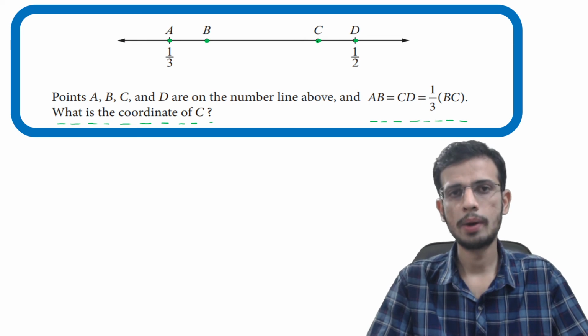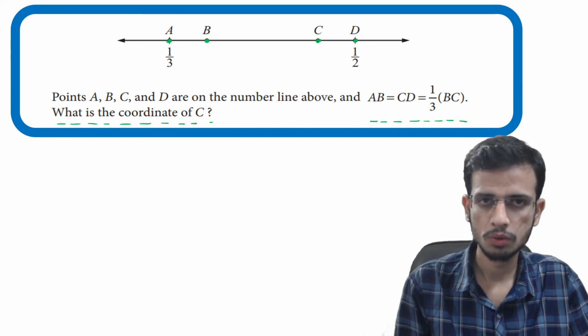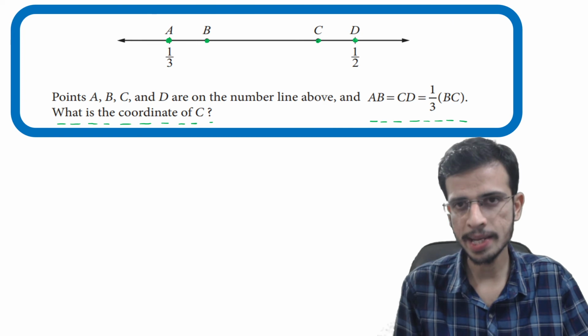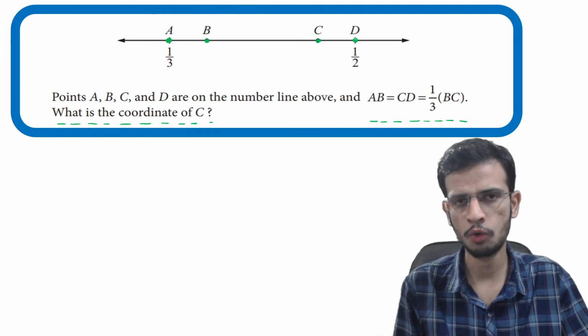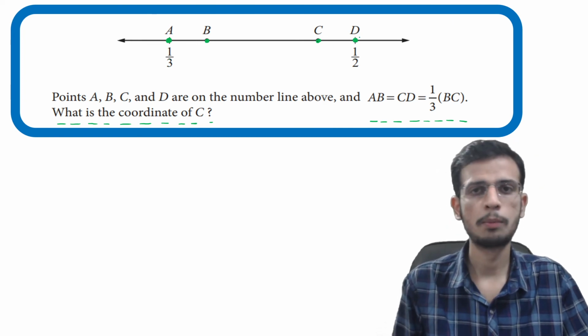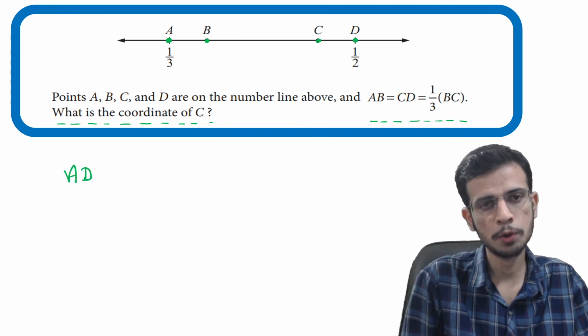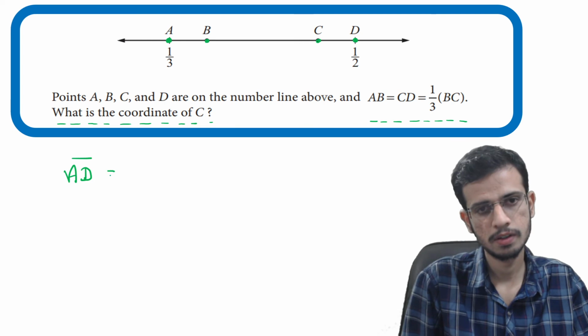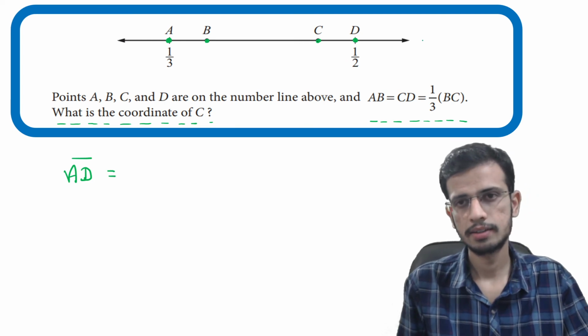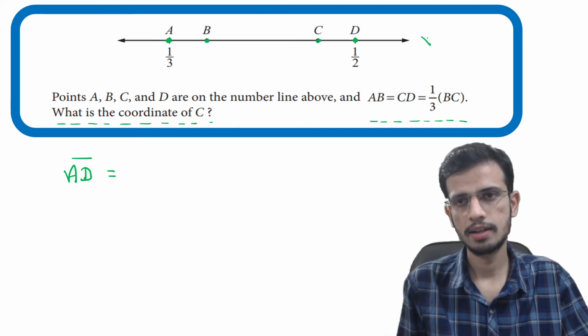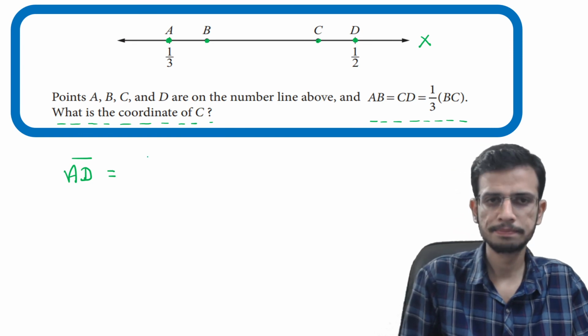What will be the length of the AD portion? We know the coordinates of point A and point D. So can we say the length of the AD portion is 1 by 2 minus 1 by 3?